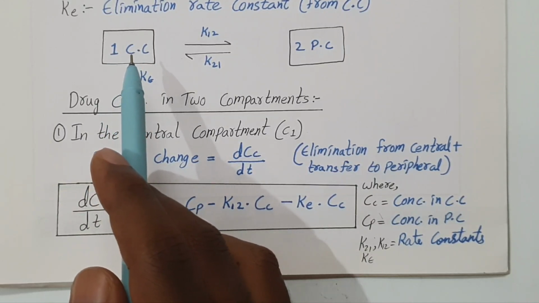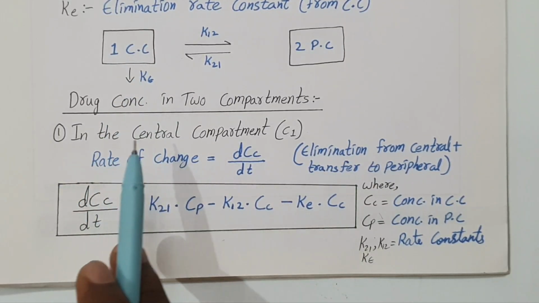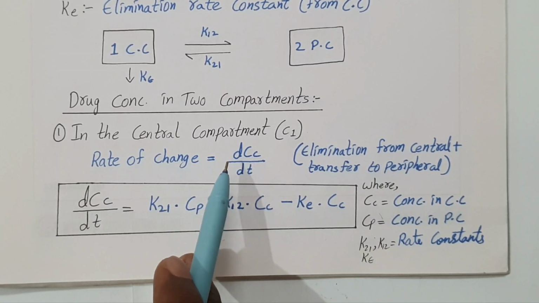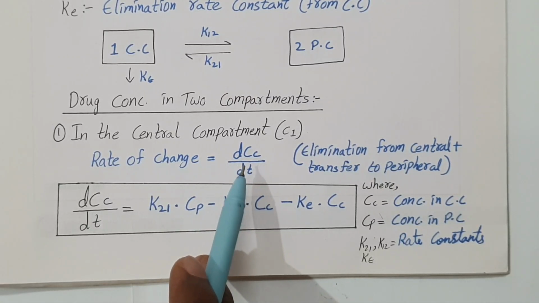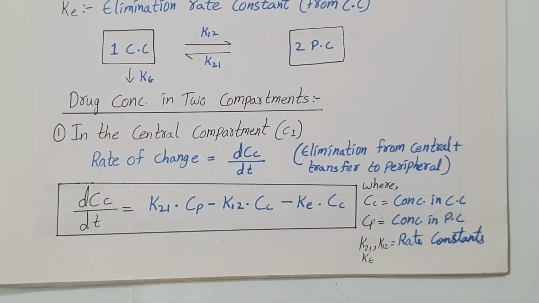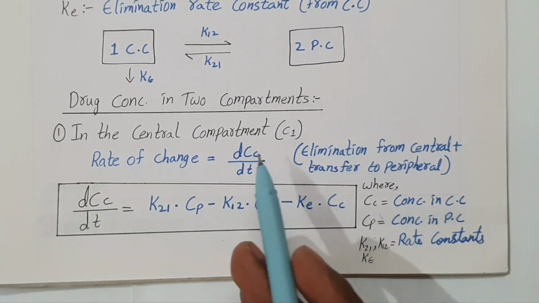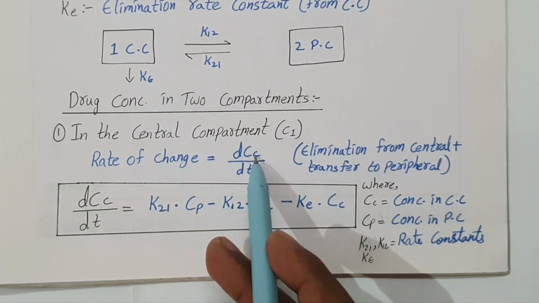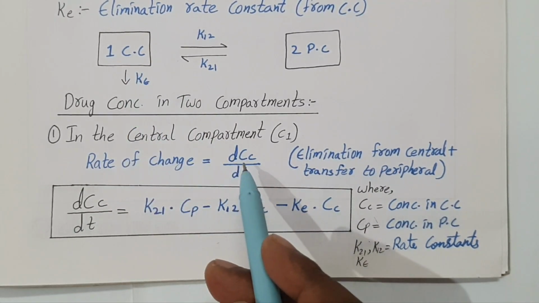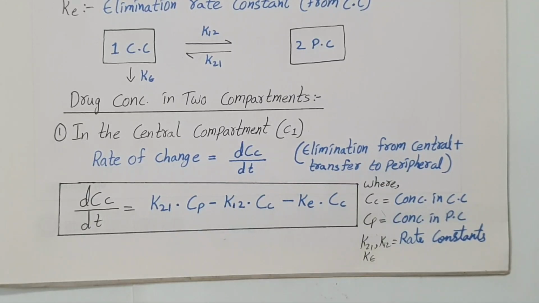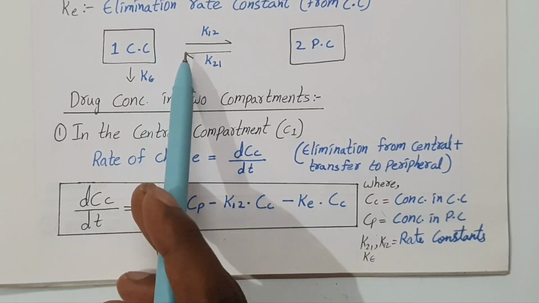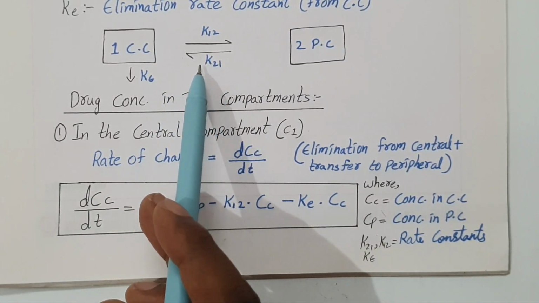Here you can see, for the central compartment the rate of change is equal to dCC/dt. Remember this. The C here is because of the central compartment, with respect to time. So it is equal to rate in minus rate out. What is rate in?